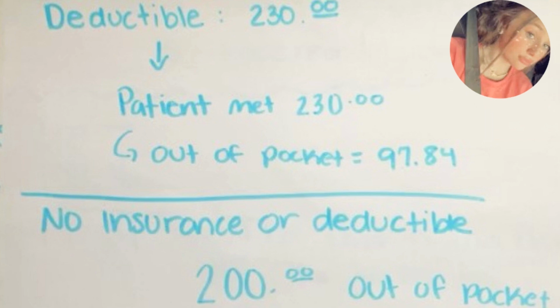That's just how the insurance works in a way. And if the patient has no insurance and the deductible is not being met, then they will have to pay the whole office visit out of pocket because they received the service, but they don't have anything to take off of it, and they don't have a deductible to back it up, and that's just how it is.